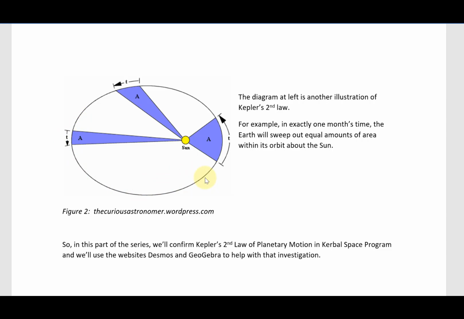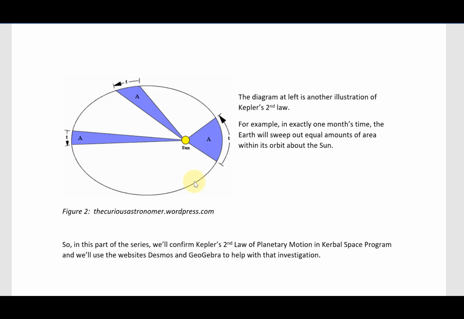So that means it's true for the Earth, true for satellites going around the Earth, it's true for the Earth going around the Sun, all the planets going around the Sun, or any satellite orbiting the Earth, for the moon orbiting the Earth, for a rocket orbiting around the planet Kerbin, or in a transfer orbit from the planet Kerbin to the Mun, or for a rocket traveling from the Earth to the Moon.